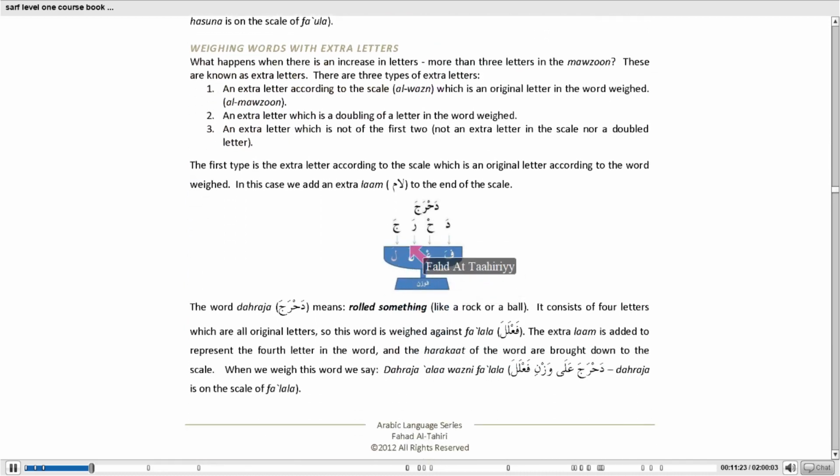There is a letter which will fall out of place. There's no place for it.